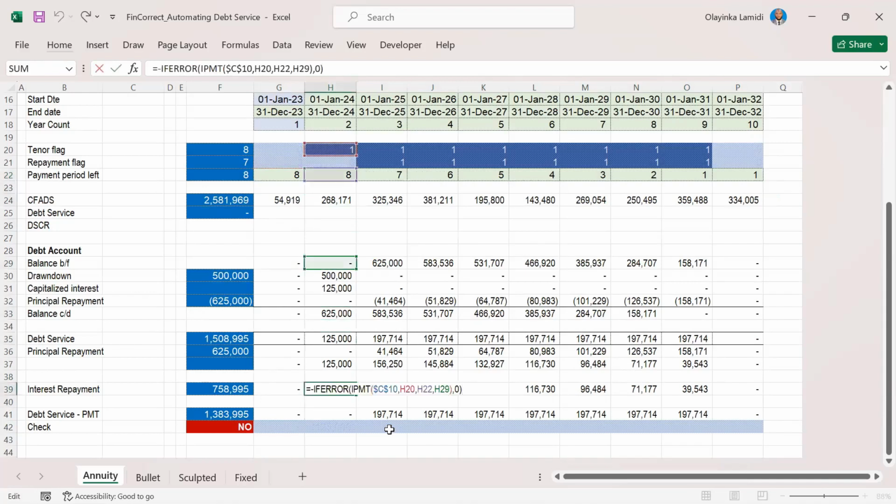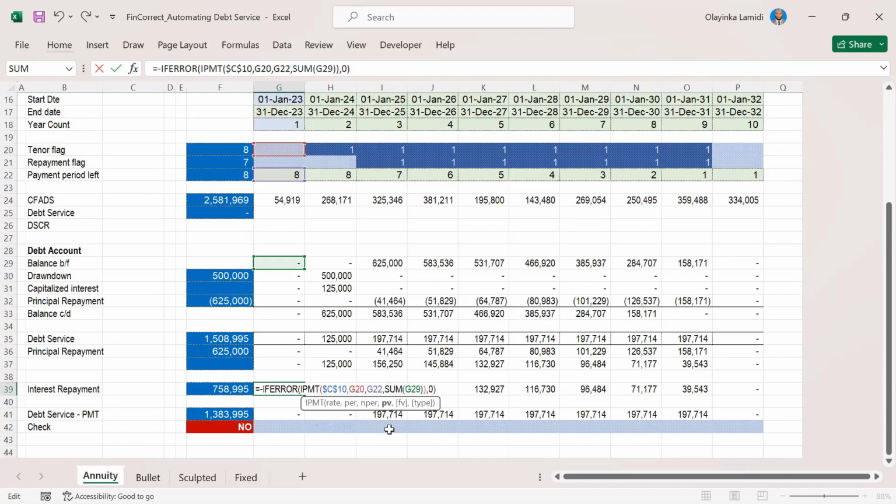Remove this multiply and fill right. The next thing I'm going to do is come here, open a bracket, close the bracket, then use my sum. I don't need to open another bracket here.